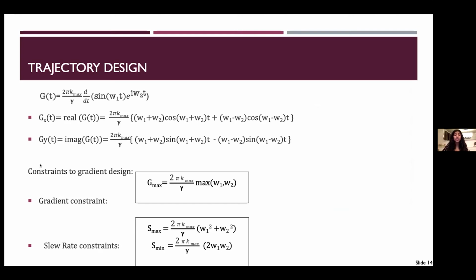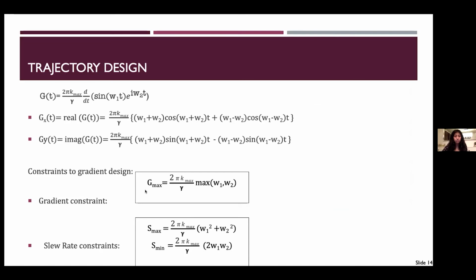The constraints to the gradient design are that it's limited by the oscillating frequency or the rotational frequency. There are also slew rate considerations because of the hardware limitations in the scanner.